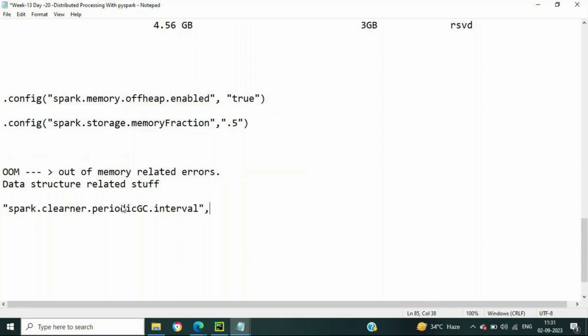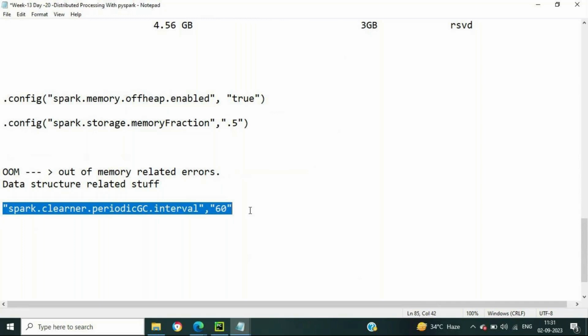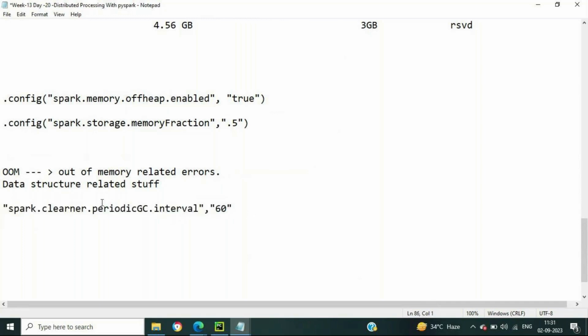Interval. By default it is 30 minutes, so after every 30 minutes the garbage collection is done.